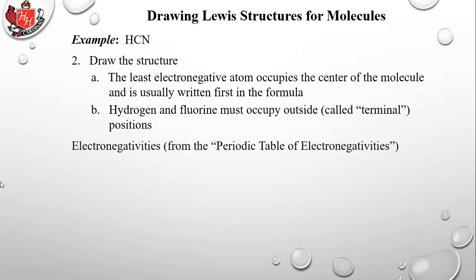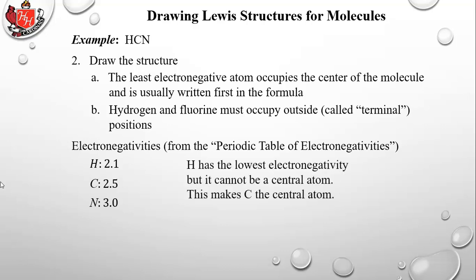From the periodic table of electronegativities: hydrogen is 2.1, carbon is 2.5, and nitrogen is 3.0. So H has the lowest electronegativity, but it cannot be a central atom. This makes carbon the central atom. And so the structure is going to be just the way it's written in the formula, HCN.